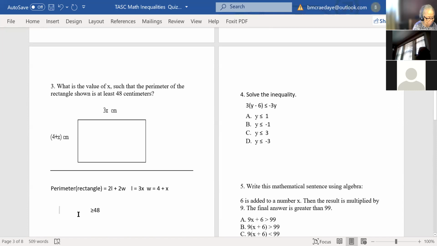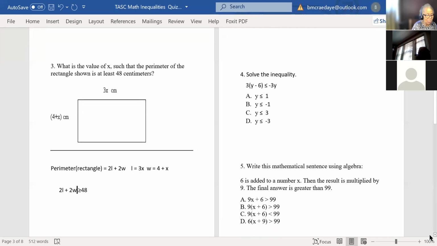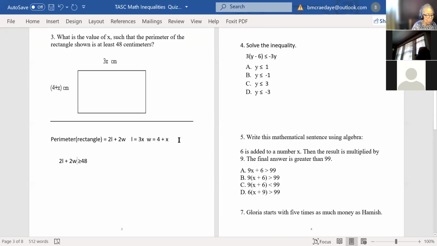Let me just put 2L plus 2W greater than or equal to 48, the perimeter. Now, we know what L is, so tell me what to write for L. L is 3x, W is 4 plus x. So what would I write for 2L?